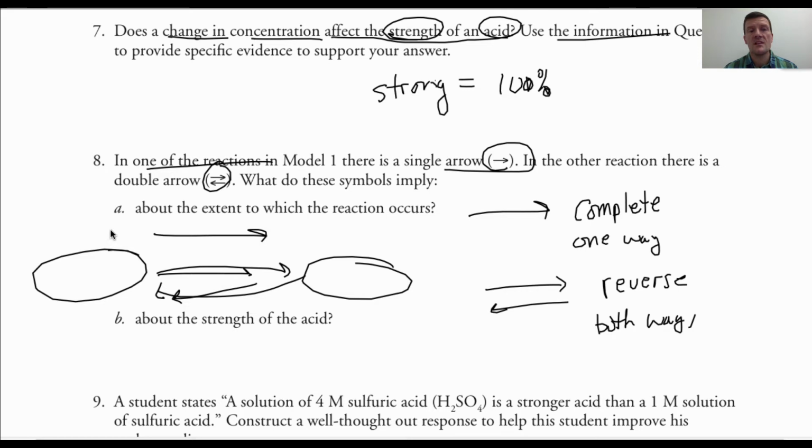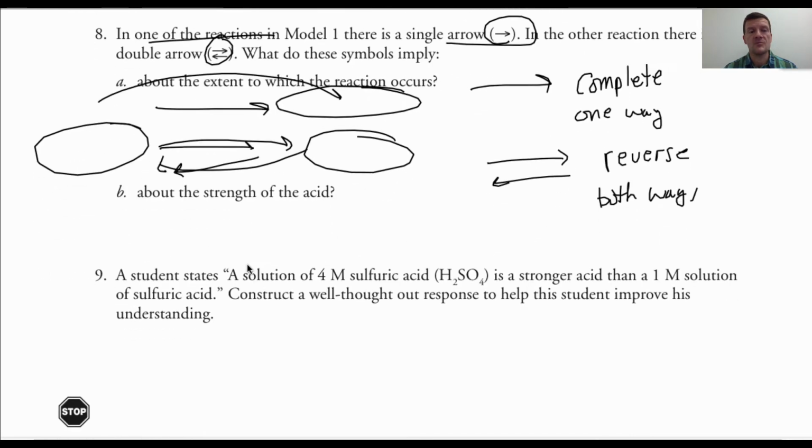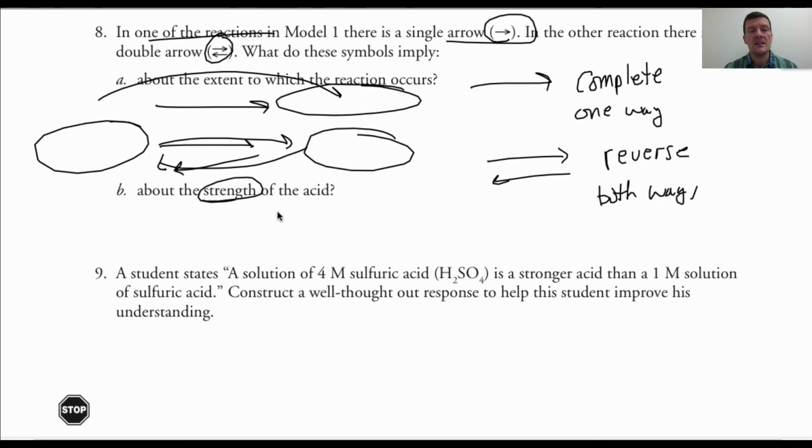But for a single direction, complete one-way reaction, you're going to have reactants being consumed, products being formed, not going back in the reverse direction. Okay? If you see a single arrow, that means strong, because all of the acid is turning into ions. If you see reversible, that means weak acid.